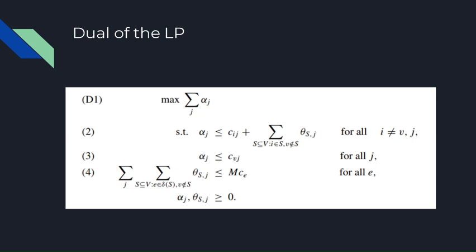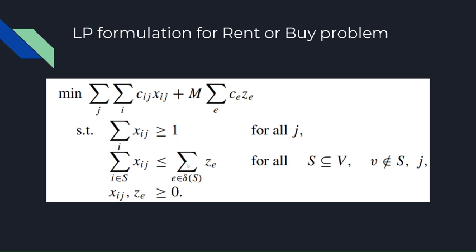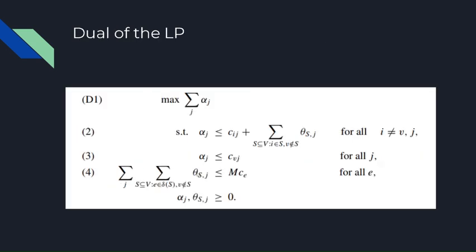The theta_sj variable, for all s and all j, is not coming into the picture. This is because in the second constraint, if we move the term on the right to the left, the constant here becomes 0, and if you know the standard process of converting a primal to a dual, because of the 0 factor, the second variable will not come in the cost function. It will go to 0.